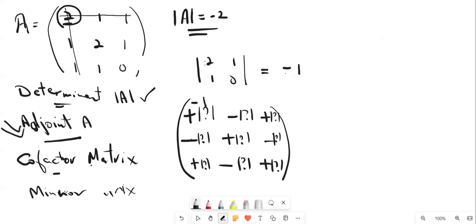I'm just going to do maybe these three, and then you will fill in these. So we're going with this element here, 1. You cross out this column, this row, and you're left with 1, 1, 1, 0.